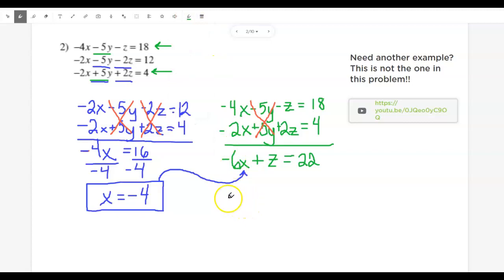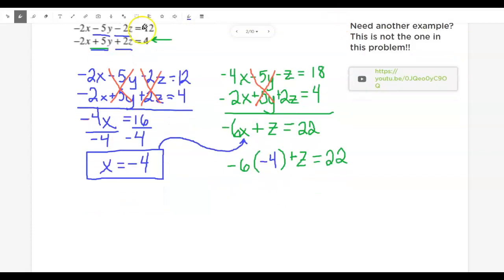When I do that, I'm going to get this. Negative 6 times negative 4 plus z equals 22. Plug in that negative 4. Then my next step, I'm going to multiply that out.